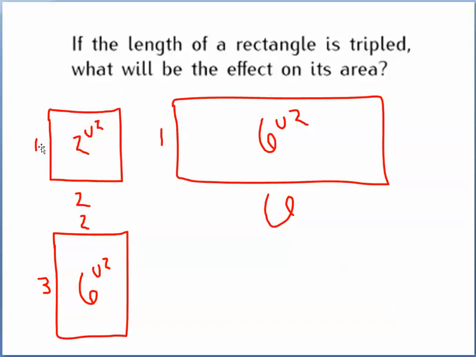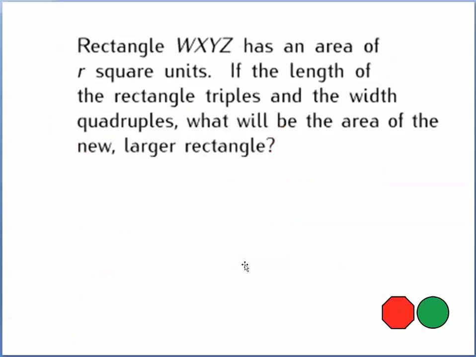So if I had a random rectangle that was 1 by 2, and I triple its length from 2 to 6, then I went from 2 square units to 6 square units. And if I tripled the length in the other direction, so the 1 becomes a 3, I'm up at 6 square units. So if the length of the rectangle is tripled, the area will also be tripled.